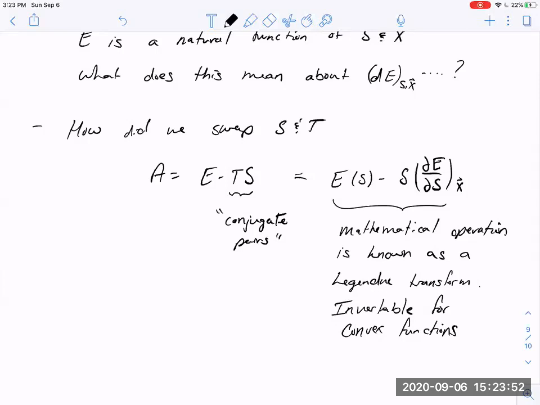That means that whether or not we use E or use A to describe our system is therefore a matter of convenience. If they contain the same information, whatever makes our life easier is what we should use. And indeed, this is exactly why the Helmholtz free energy is introduced to begin with.